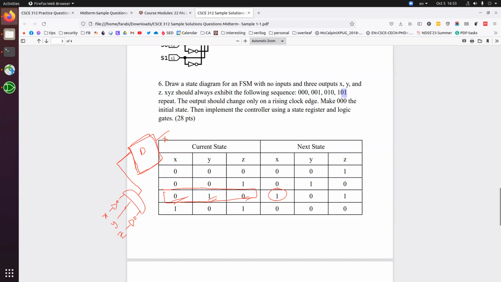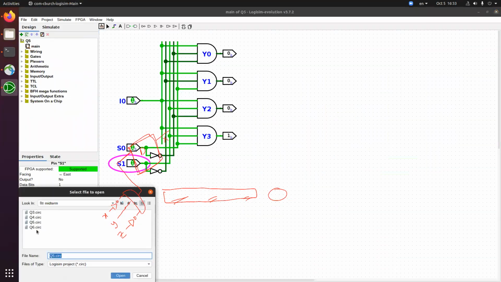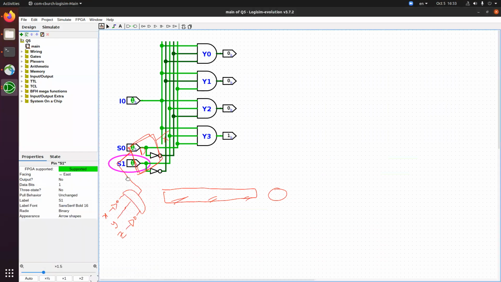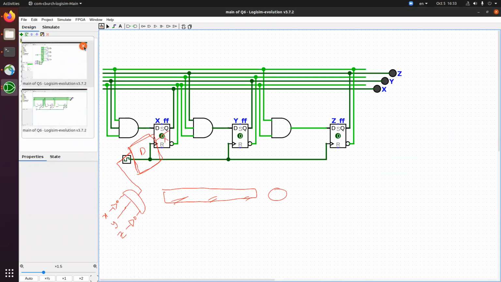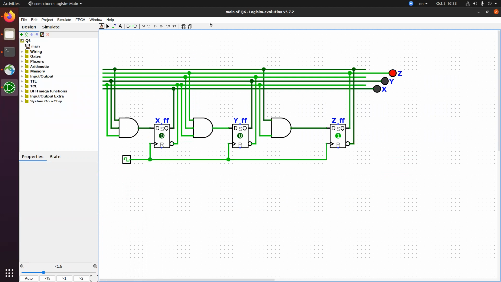Okay, let me show you if I have that implemented or not, I'm not sure. If I just run this, we have 1, and then 010, 101, and then back to 000.